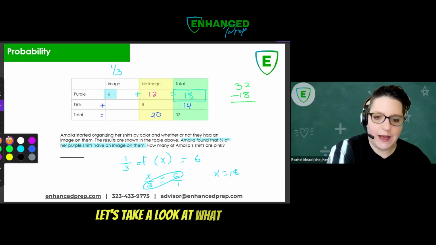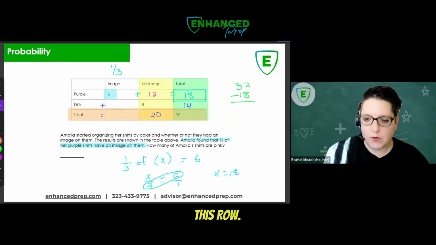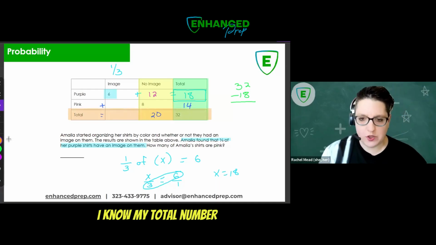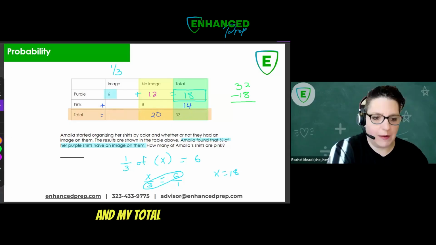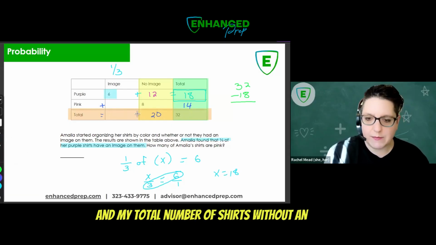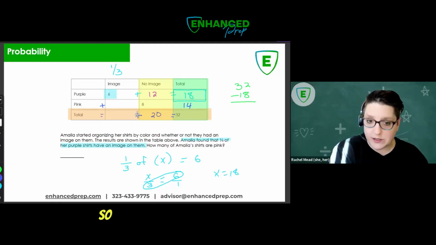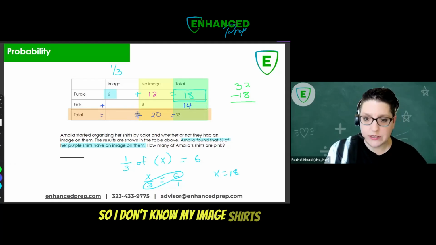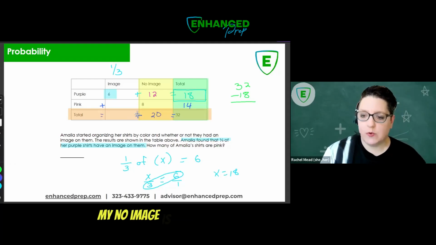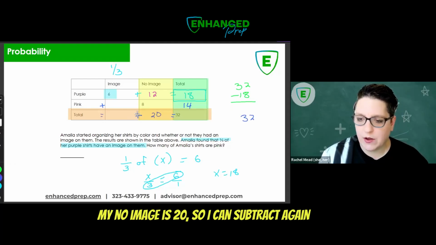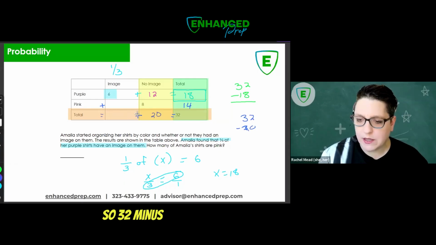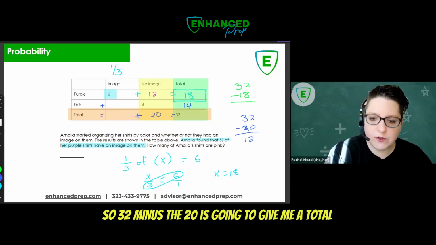Okay, so now let's work backwards some more. Let's take a look at what we have going through this row. I know my total number of shirts with an image and my total number of shirts without an image is going to have to add together to be 32. I don't know my image shirts yet, but I know my no image is 20. So I can subtract again here. 32 minus the 20 is going to give me a total of 12.